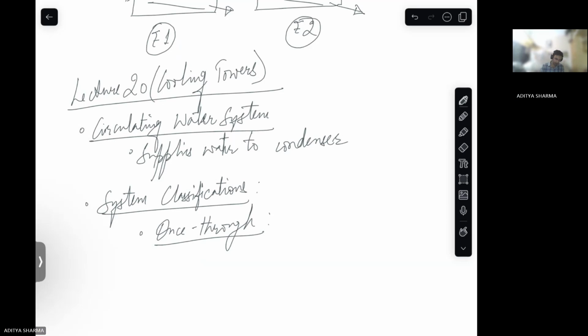Then is your closed loop. So what happens in your closed loop type of circulating water system?